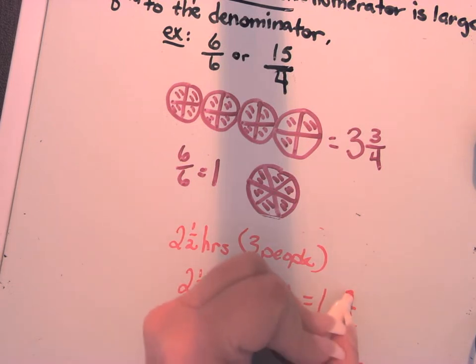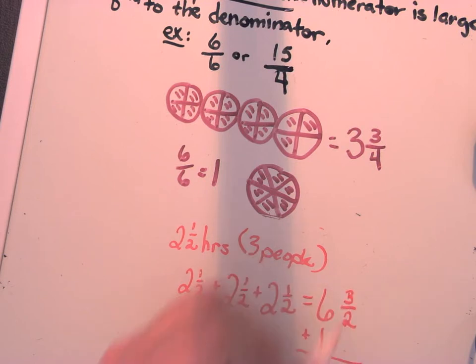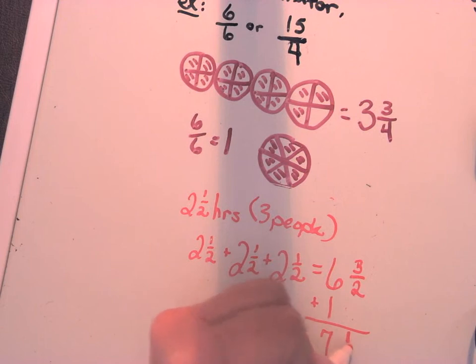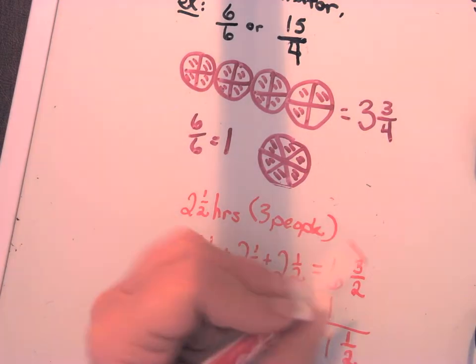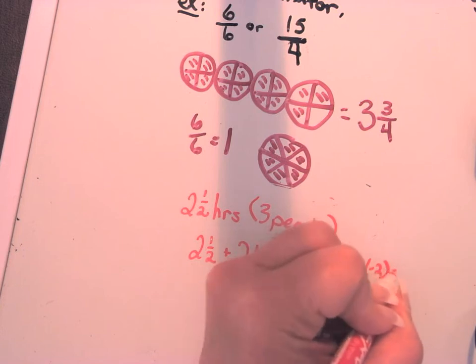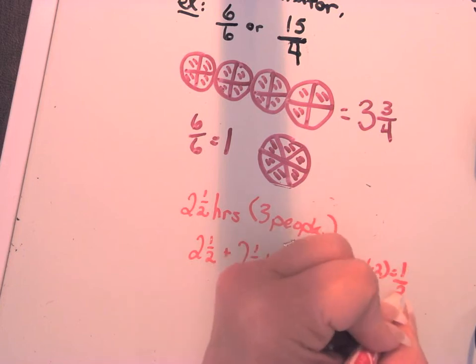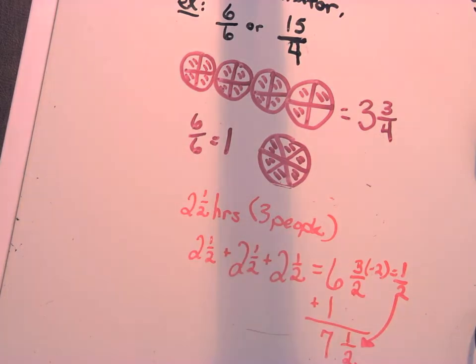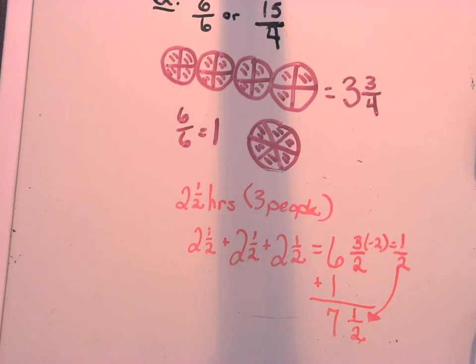Well, if I take a group of 2 out of 3, I'm left with 1/2. Okay, so what I've done is I've taken a group of 2 out of here, and that equals 1/2. So that 1/2 I brought down and I put it right there. So this person will be billed for 7.5 hours of work.